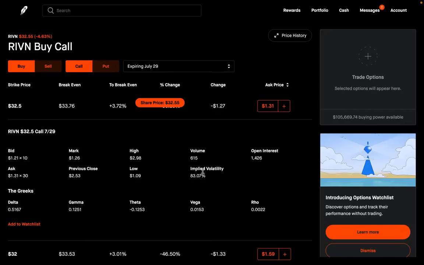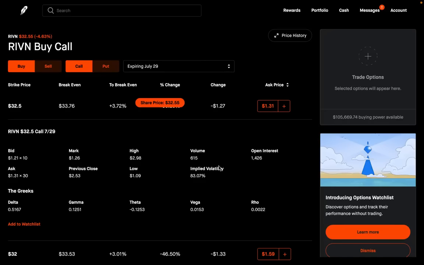So let's say you buy this call and implied volatility goes up by 1%. The value of this option then will go up by whatever Vega is, which again, if we multiply this by 100, we would get $1.53.